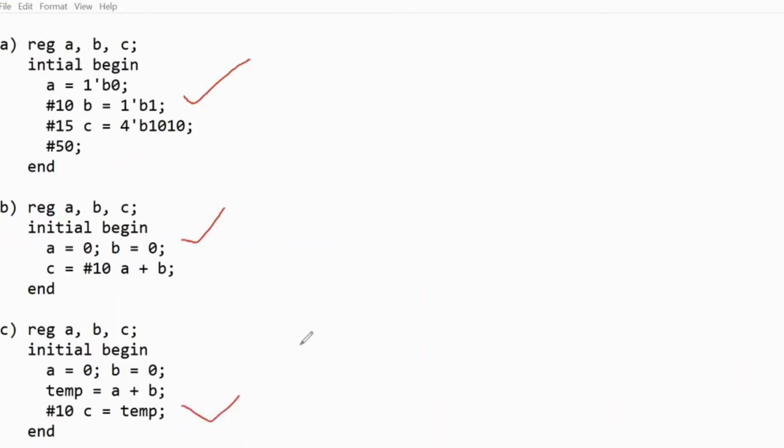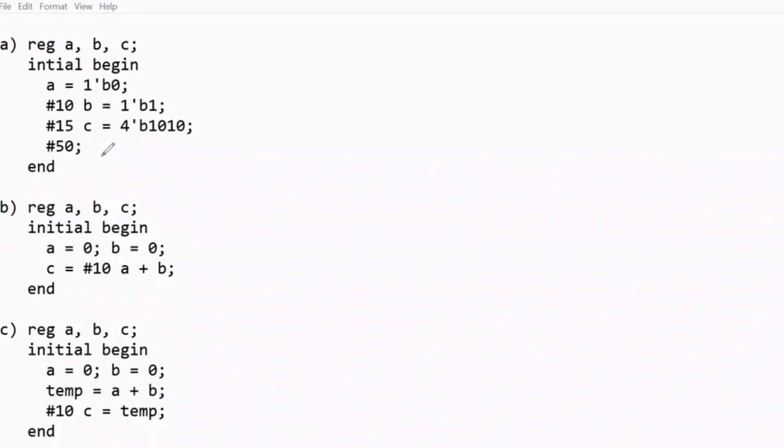Third one is inter assignment delay. Okay, as you said, Pavan Kumar, B is correct, intra assignment, but C is also regular assignment, and C can be considered as inter assignment also. Both are the same, regular and inter assignment.